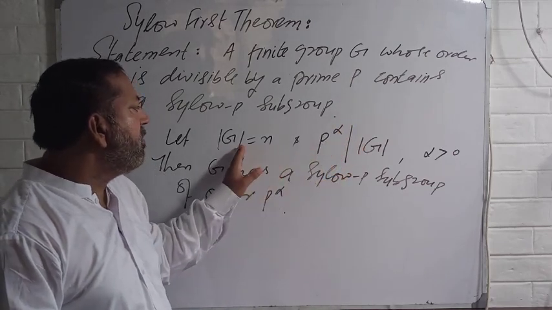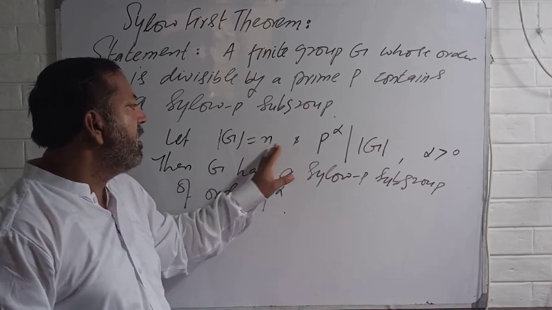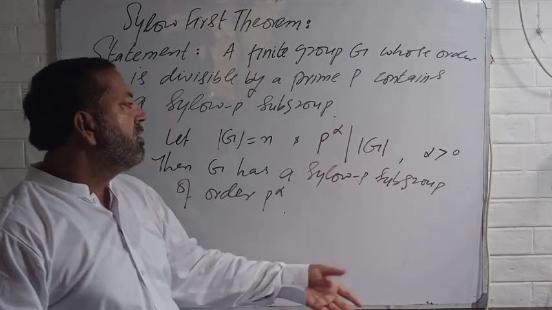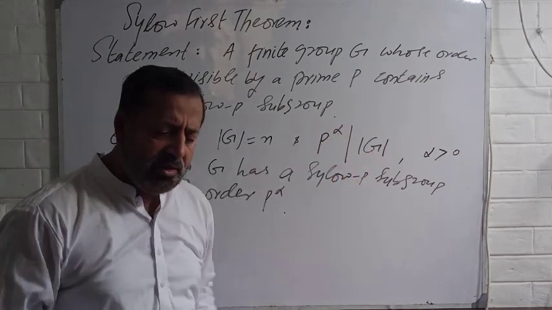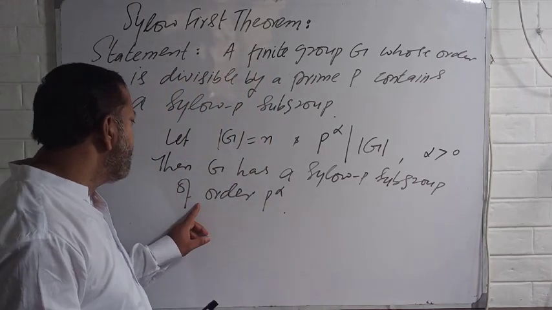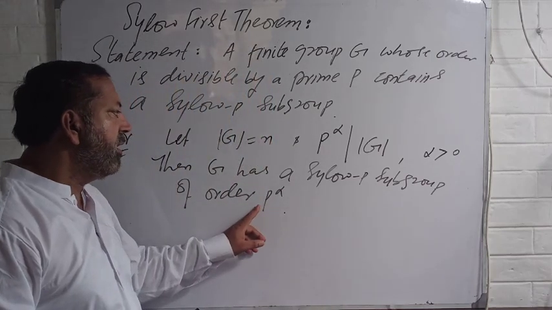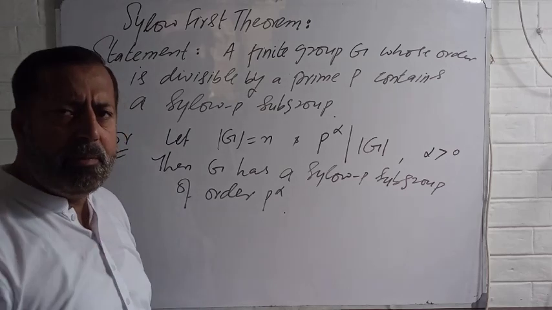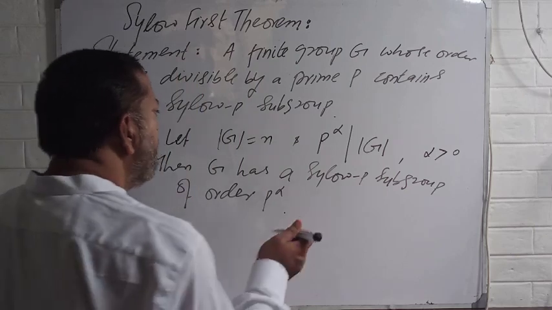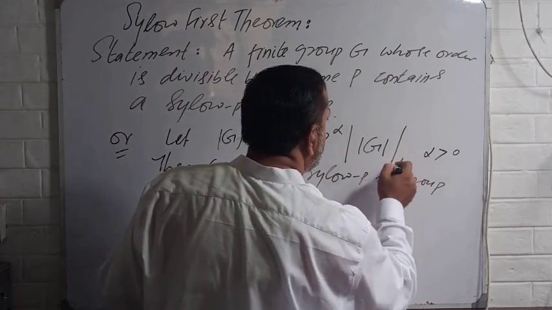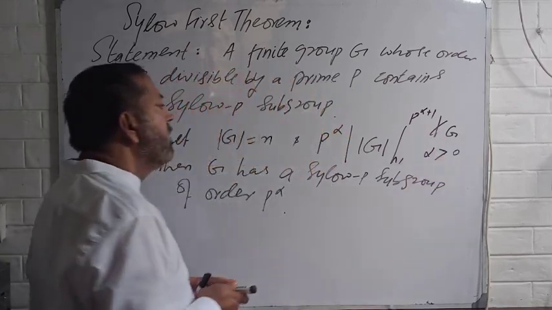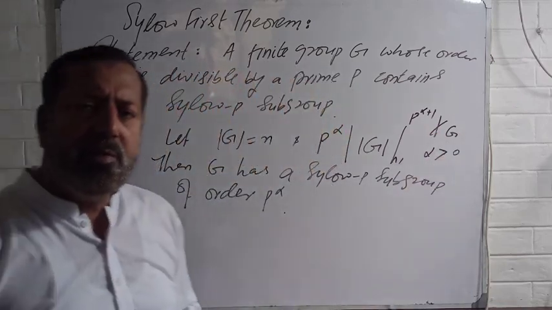So, if you write like this, that the order of G is n and P power alpha divides the order of G, with alpha the highest power, then of course G has a Sylow-p subgroup of order P power alpha, keeping in view that P power alpha plus 1 does not divide the order of G. So there is no ambiguity in writing that P power alpha plus 1 does not divide the order of G. This is again the definition of a Sylow-p subgroup.